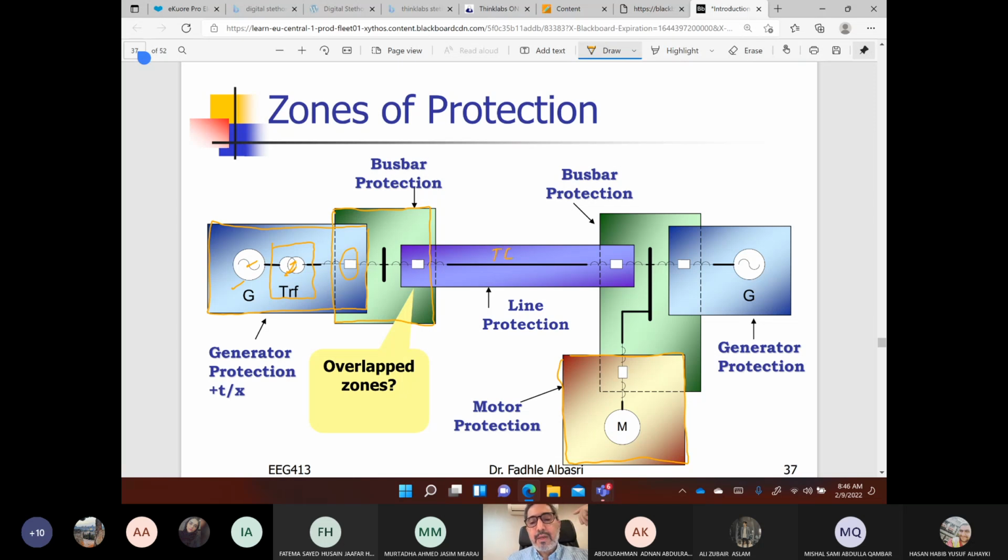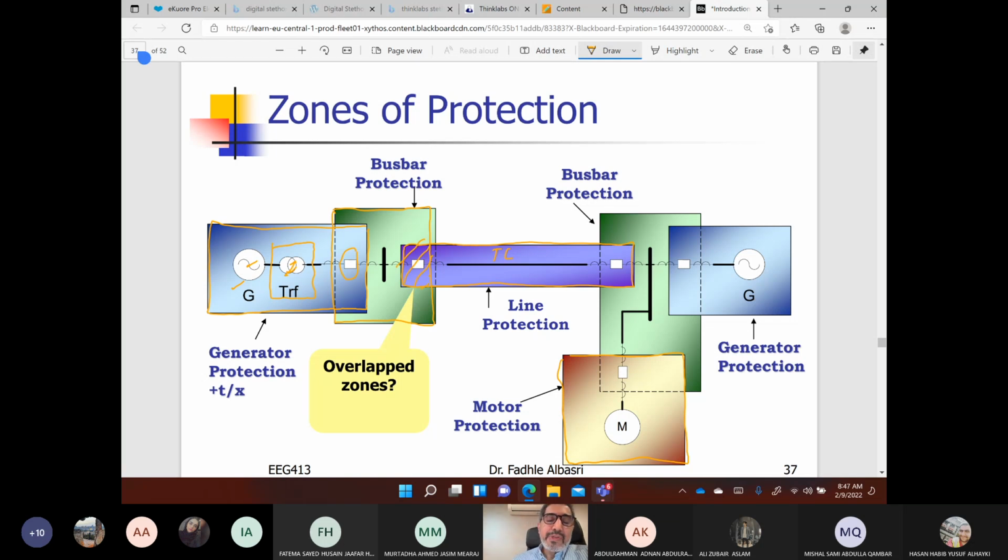Transmission lines or cables have a zone with protection functions dedicated to transmission line faults, and so forth. I have a transformer, also I have a protection function for it. And these zones are overlapped. We notice that these zones are overlapped.